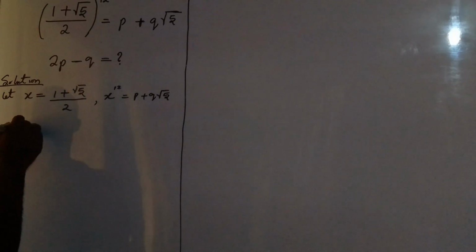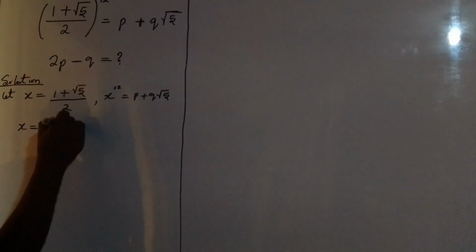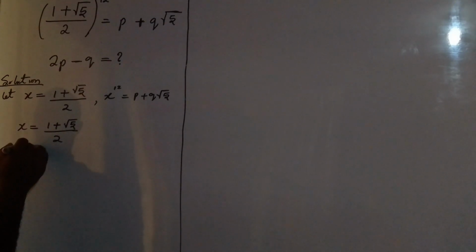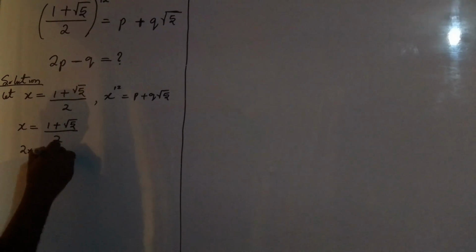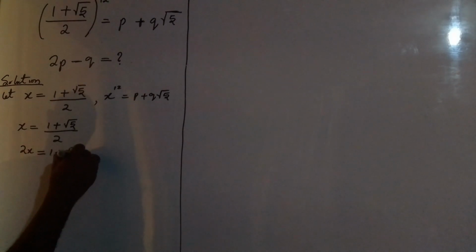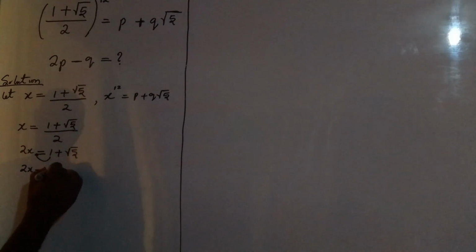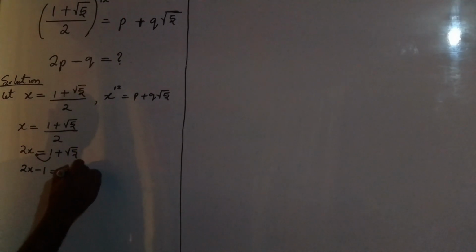So from here we can say x = (1 + √5)/2, and then I cross multiply to get 2x = 1 + √5. I bring 1 over to this side, so I'm going to have 2x − 1 = √5.